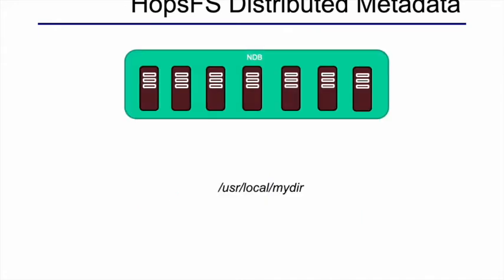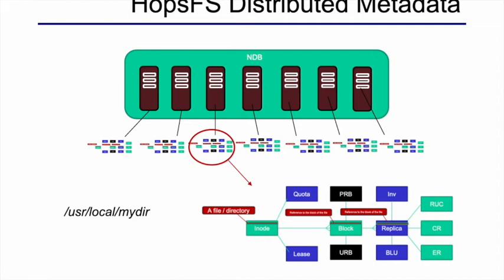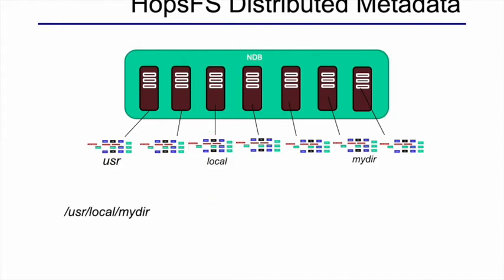But we mentioned that we have multiple NDB servers in the storage layer. All of these NDB partitions have their own metadata tables, even though the relational model is the same in all shards. But how do we distribute the information of these subsequent components of the path to access them efficiently?